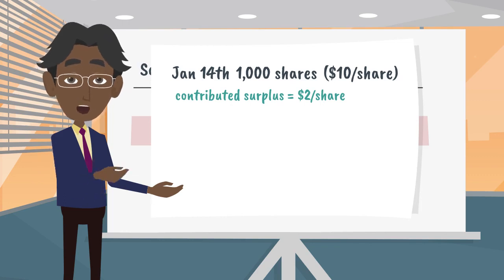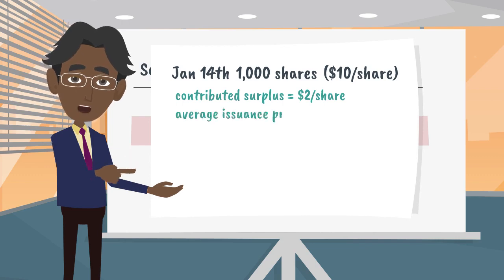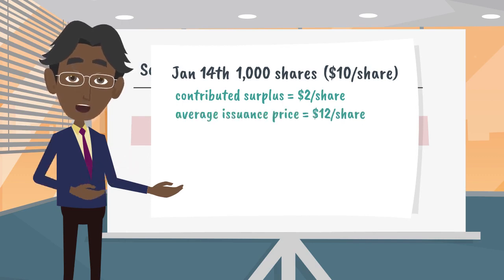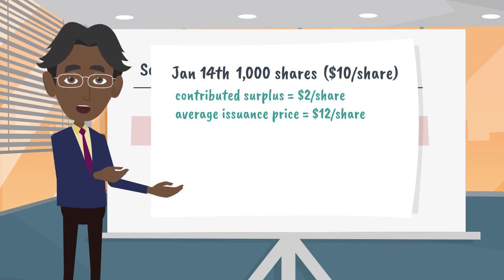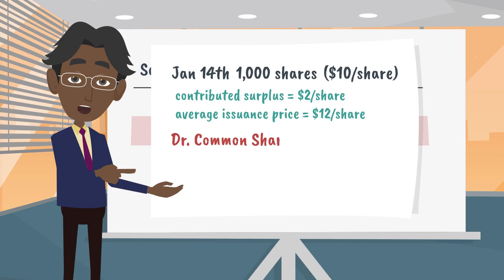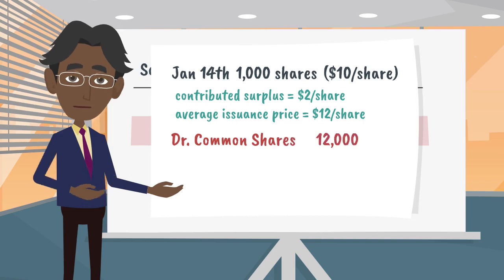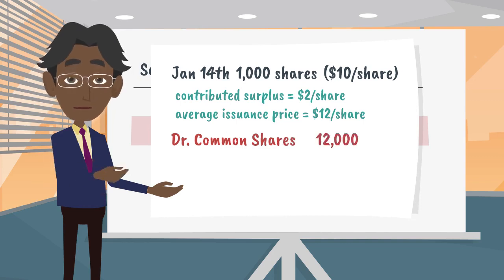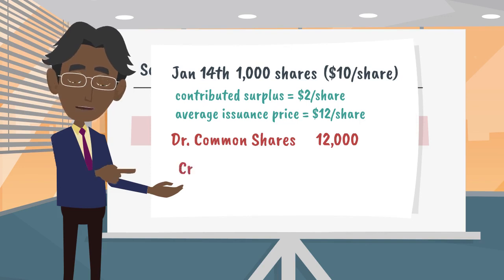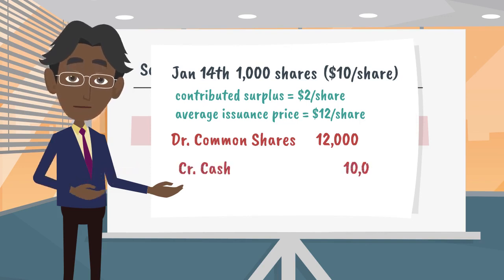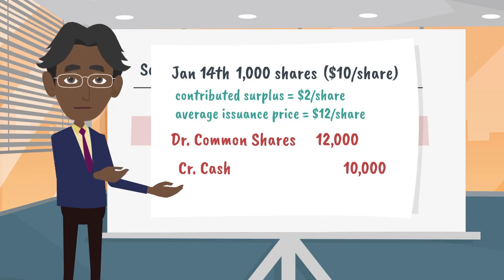We recorded them on our books at $12 each, so we must use this average issuance price of $12 to properly account for the number of shares we are buying back. We debit the common shares account for 1,000 shares at $12 each. Because we are only buying back these shares at $10, we only pay $10 cash per share for 1,000 shares.